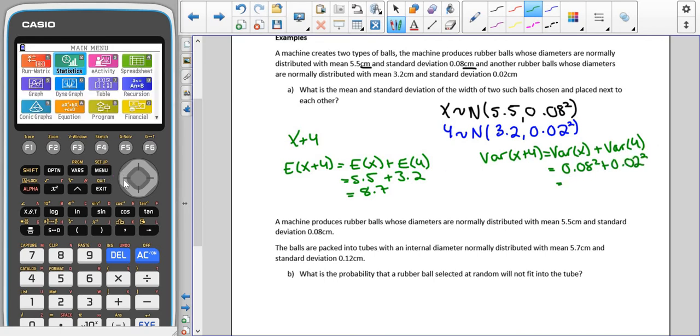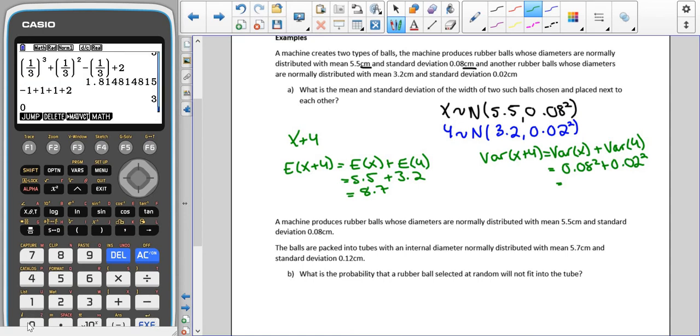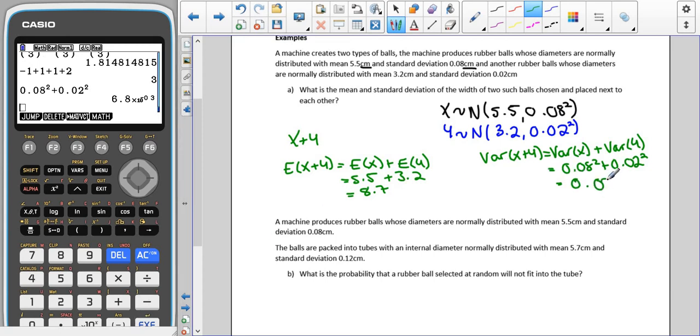I'm going to have to use my calculator for this. So that gives us 0.0068. So X plus Y is going to follow the normal distribution with a mean of 8.7 and a variance of 0.0068.